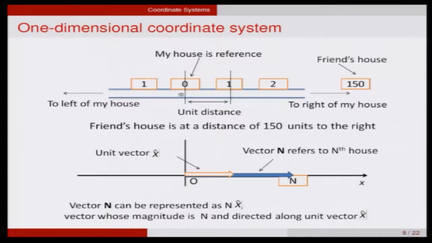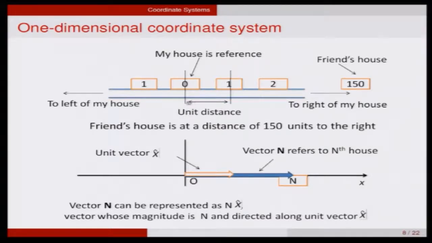So, I can measure the distance from my house to my next house along the right, which is say 1, and I call this the unit distance. So, all other distances along the x axis are now measured in units of this distance. Okay. So, this is 1 unit. So, the 150th house will be 150 units away from 0.